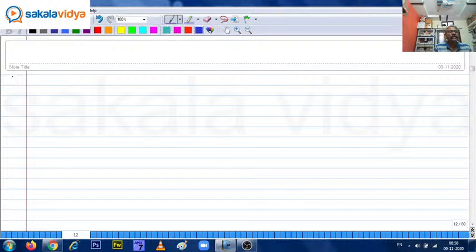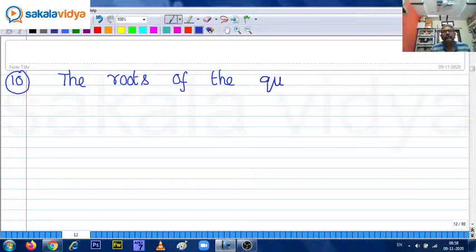Okay, now 10th question. The roots of the quadratic equation.